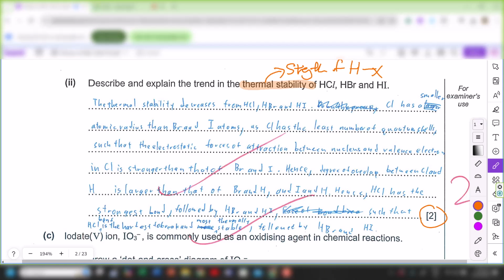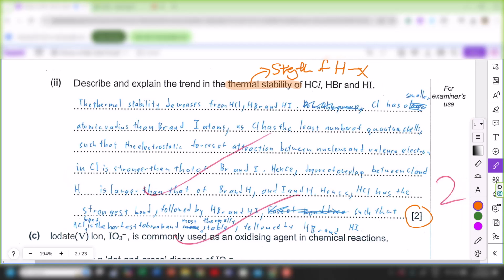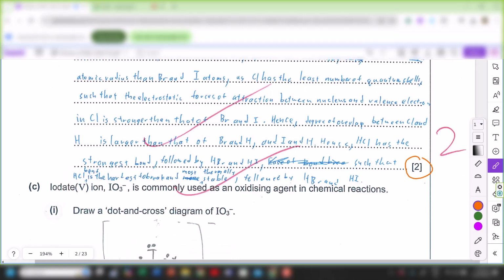Or you can say that you have a more diffused halogen valence orbital, so it will overlap more poorly with hydrogen. Something along those lines will get you the credit. So it's important to highlight this when you have this kind of question.